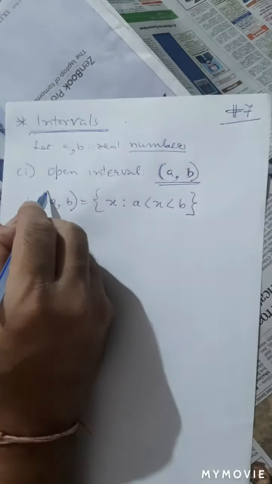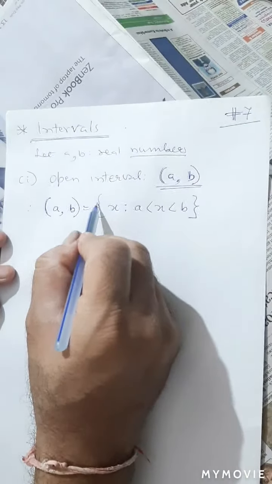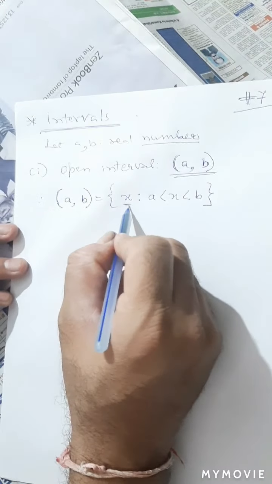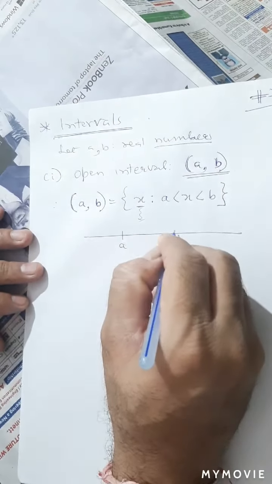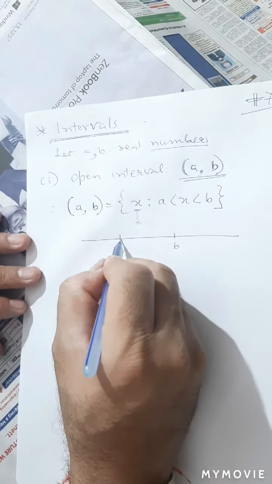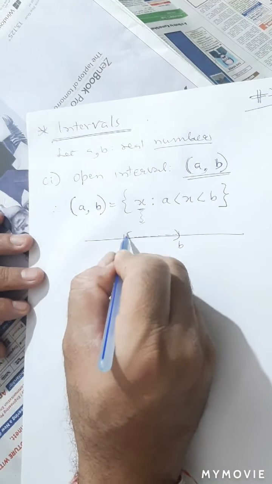So it is a special type of set. Open interval A comma B is the set of all real numbers between A and B. So if this is real number A, this is real number B, then every number between A and B is called the open interval AB.